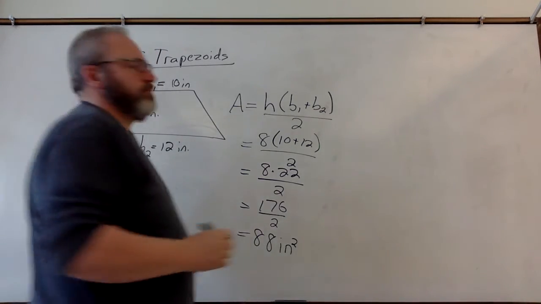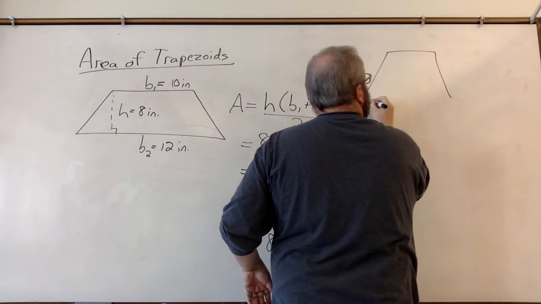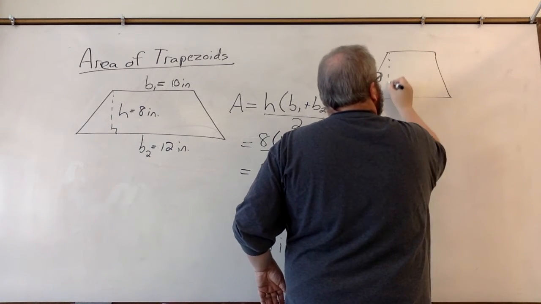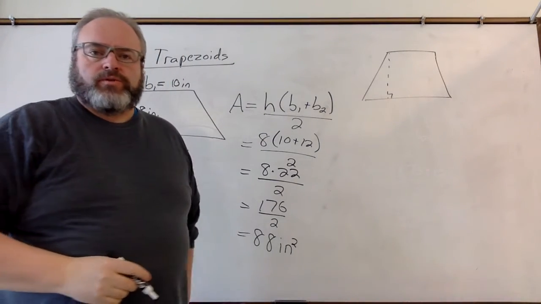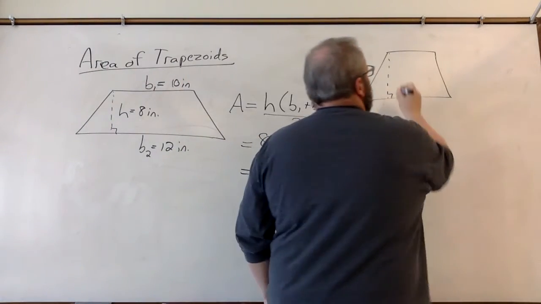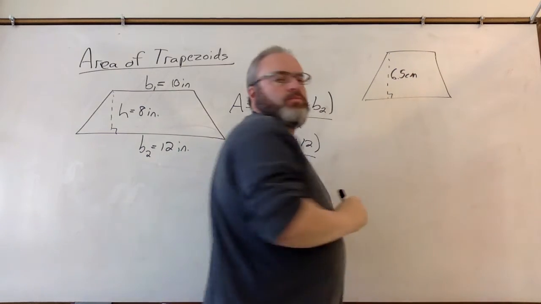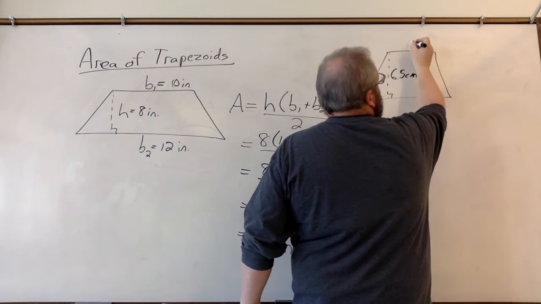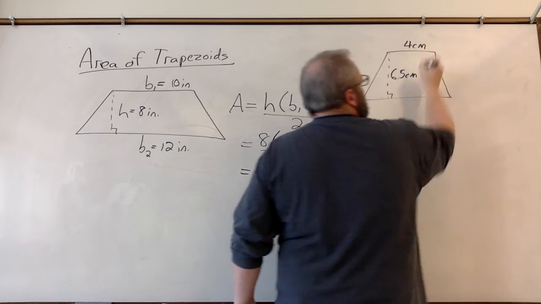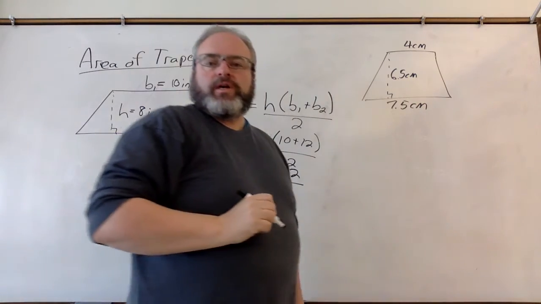Let's do another. Okay, on this trapezoid, we have a height of 6.5 centimeters, a base at the top of 4 centimeters, and at the bottom, 7.5 centimeters.